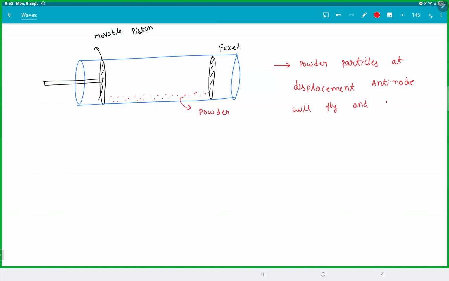Why? Because at nodes the particles will not move. So whatever powder falls on the nodes will stay there.